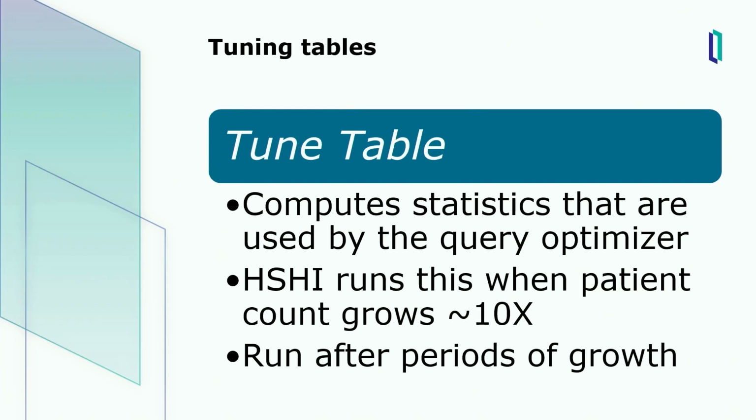There are other sessions that talk about this, but for now, if you've had a period of growth in your data volume, you've brought in data from a new facility, you've brought in new types of data, claims data perhaps, then make sure you run tune table at the end of that so that your table statistics are up to date. Iris then chooses an optimal query plan to run the query.